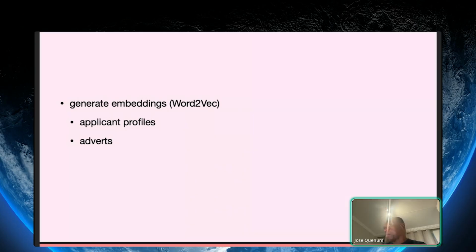And then we proceed with generating the embeddings because there's a lot of textual information that we've extracted. We simply use word2vec here to extract the embedding vectors corresponding to the adverts themselves and the applicant profiles.